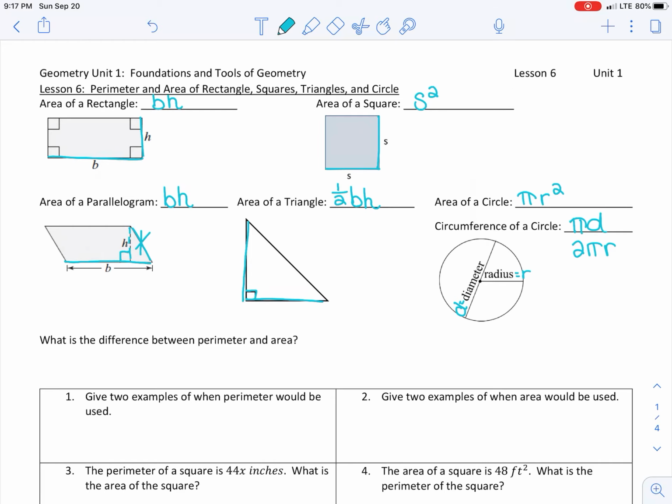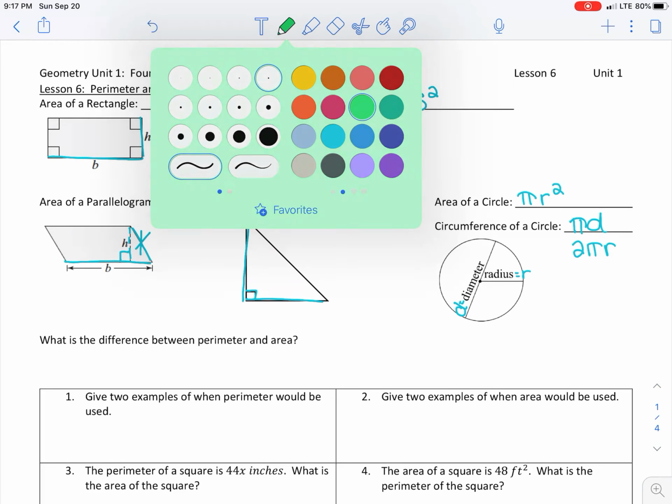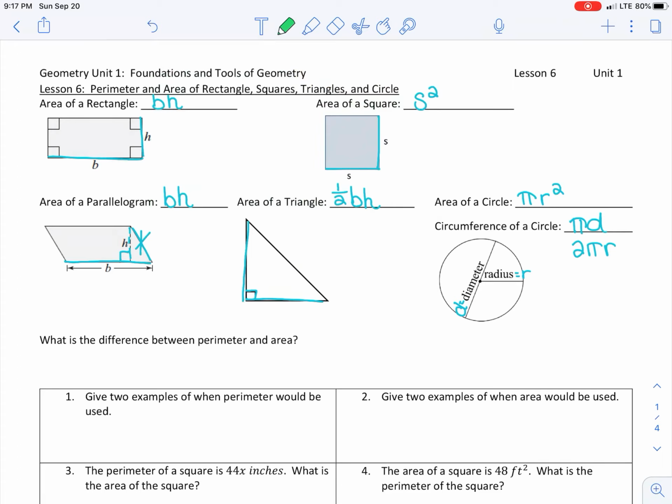We kind of already talked about this next step. It says, what's the difference between perimeter and area? Well, perimeter is the distance around a shape.